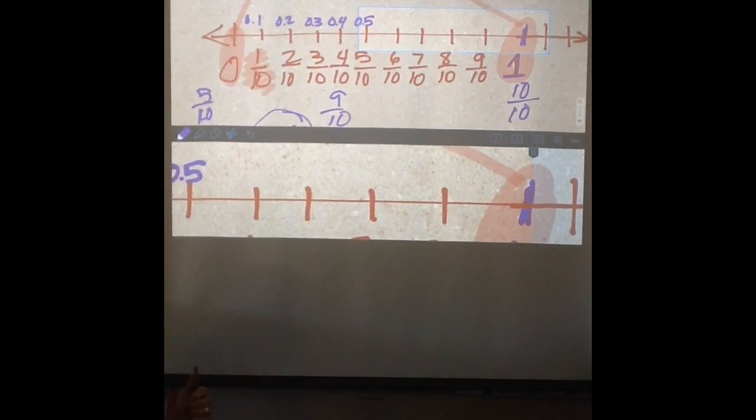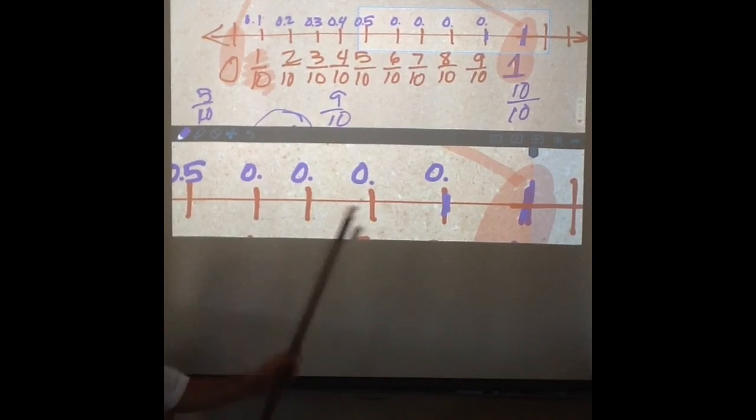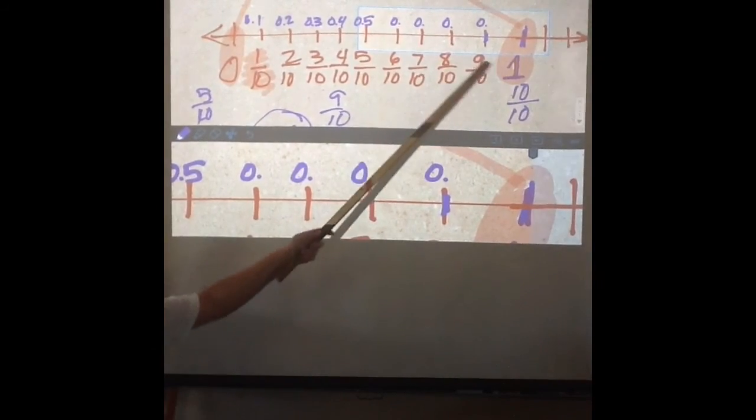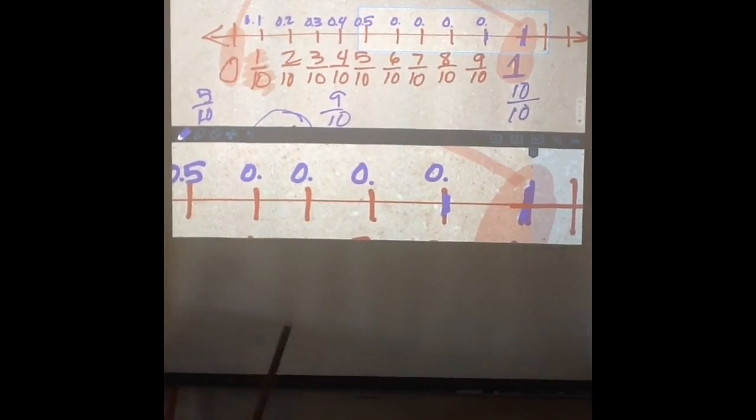What would this one be down here, right before the 1? These are all 0 points. What would that one be? 0.9. This one right up here, what would that one be? 0.9. Do you know why I just went out of order for you?